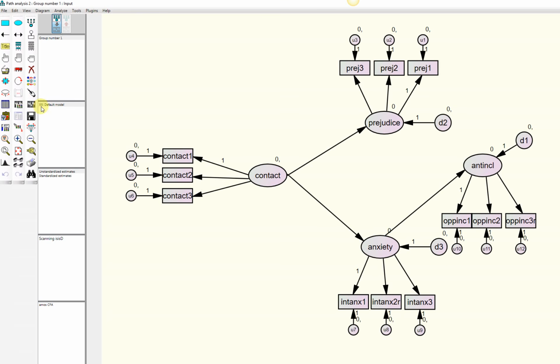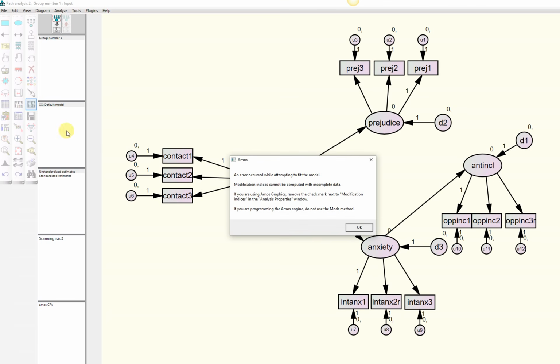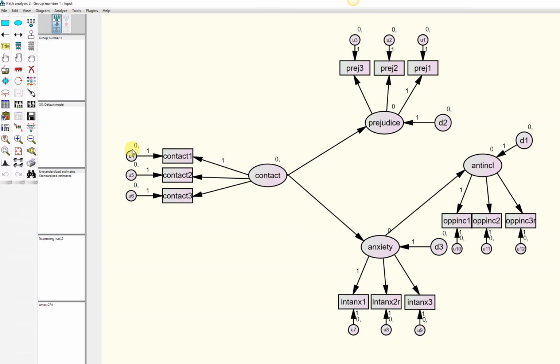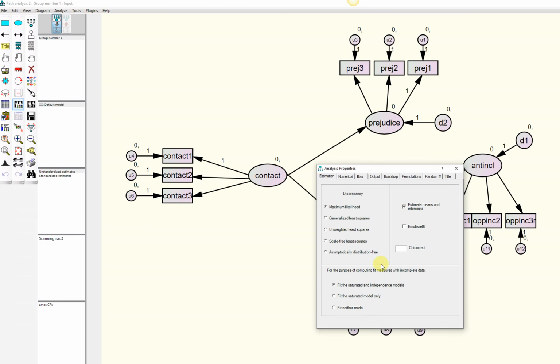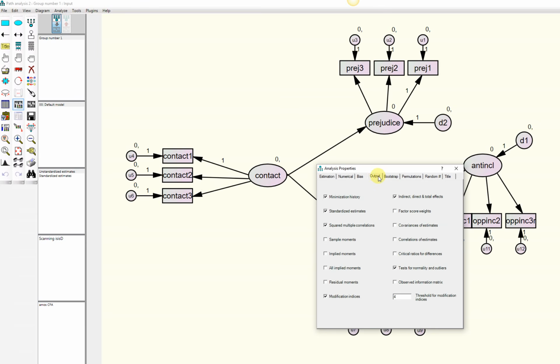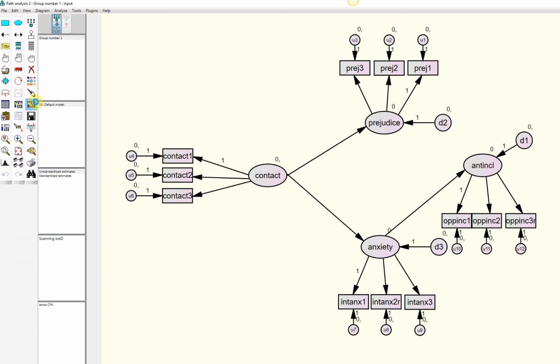It says modification indices cannot be computed with incomplete data. So you would have to ask for bootstrapping or get modification indices; you'd have to have a complete data set and not have this little button checked right here.